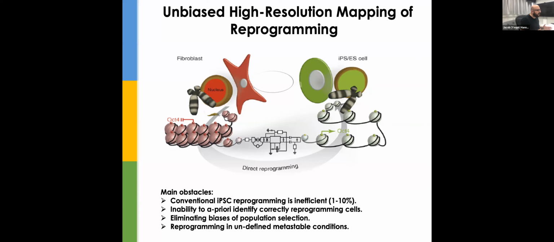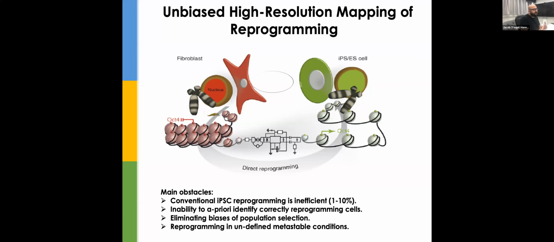Let's say our goal is to look at the chronology of success: what happened during these 8 days to the cells that succeeded in reprogramming? 10% efficiency is problematic, not only because it's hard to sort these cells out, and because we don't want to look at the failed cells, but also because at day 2 or day 4, you don't know which ones are going to be successful at day 8.